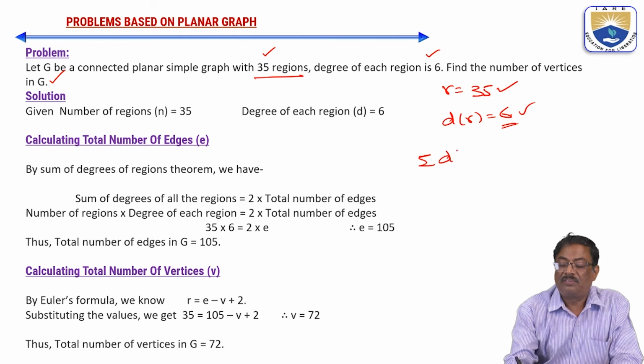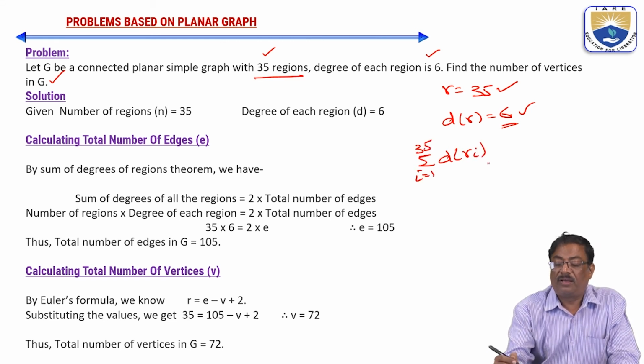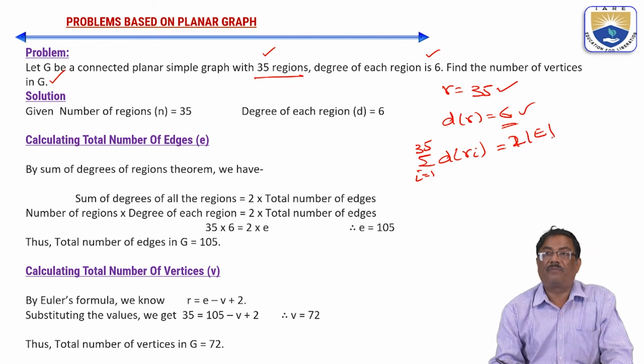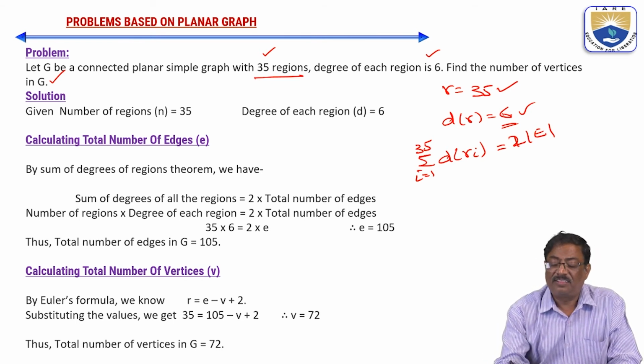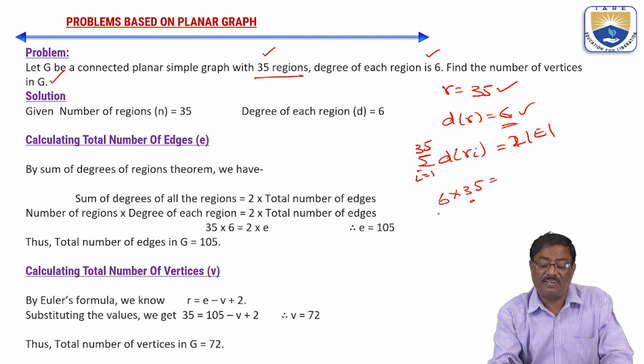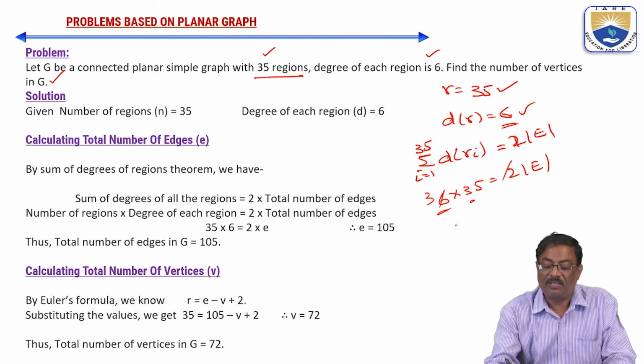So I am going to calculate the sum of the degrees of all regions, for i equals 1 to 35, which equals 2 times the number of edges. Each region has degree 6, and there are 35 regions, so 6 into 35 equals 2 into the number of edges. So the number of edges is 105.